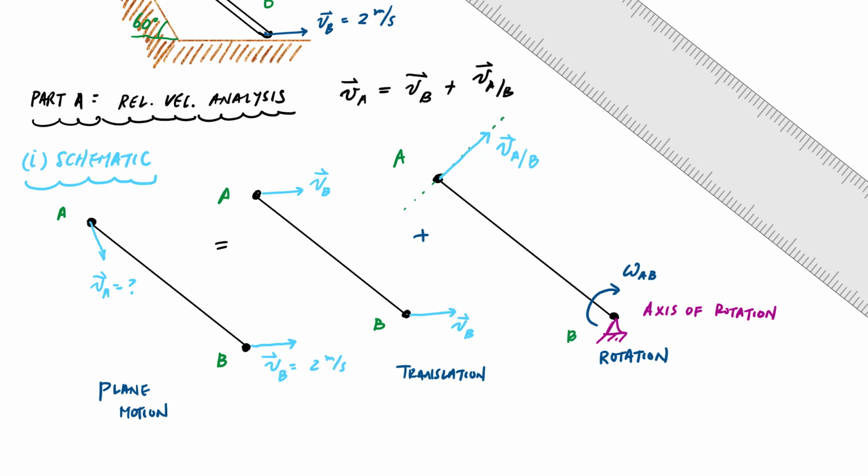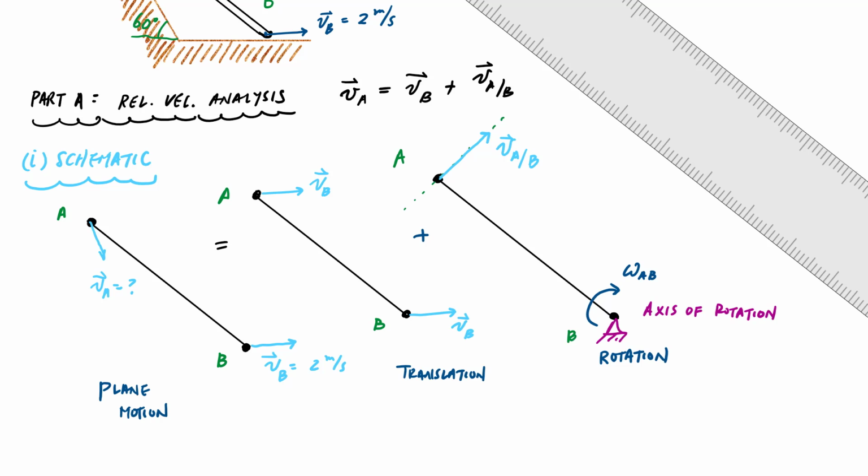The basic idea of the schematic is we take this plane motion and break it up into a translation plus a rotation. The translation I apply is the known velocity. Until you get really good at it, I recommend that you keep applying the known velocity as your translation. Then I put a pin through the point used in my translation, in this case B, which is in its final resting spot.